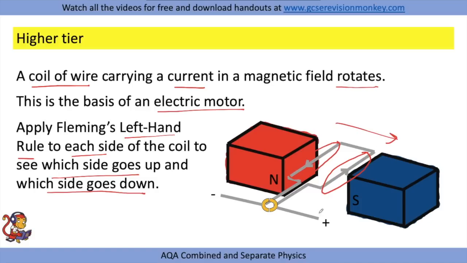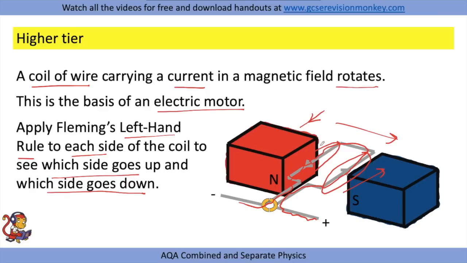But on this side of the wire, because you've got positive going to negative, so the current goes along here, all the way down, round, and over here. Because we've got that direction, on this wire, the direction of the current is like so, and on this wire, the direction of the current is in the opposite direction.